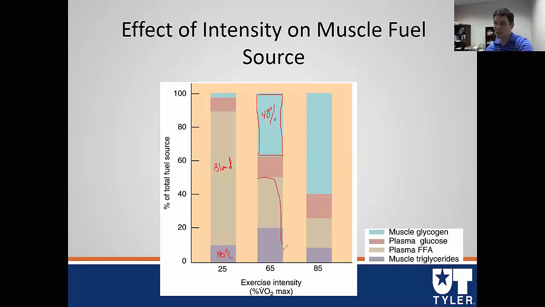So here, about 50% triglycerides, the majority coming from a pretty good combo of both blood and muscle, and then a little bit of glucose, the other 50%, about 10% here. As we go to really high intense exercise, again, we rely heavily on glycogen. Glycogen, as you can see, is the most important carbohydrate store in our body and why it is so important.